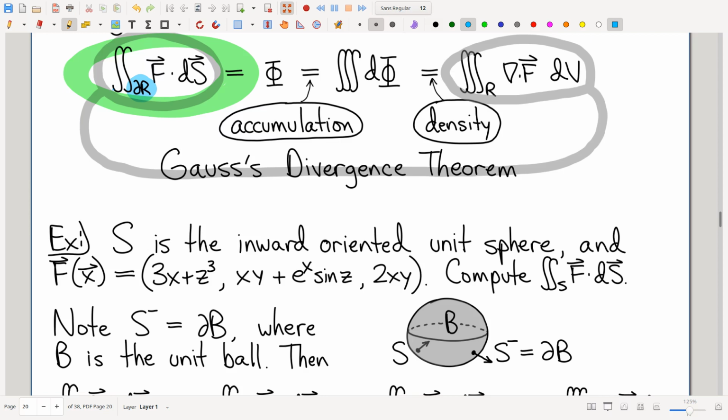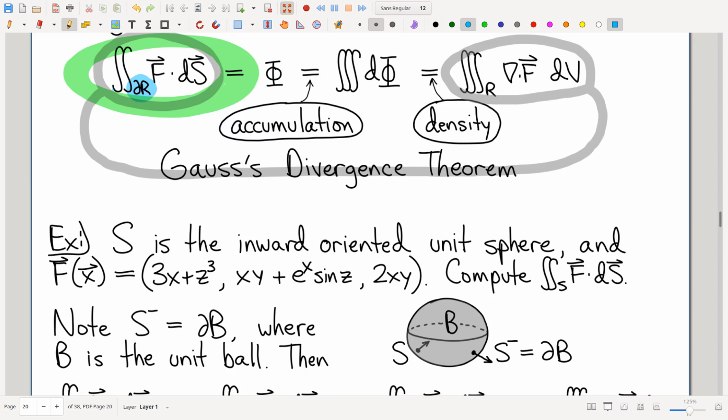Now, there's a couple of points to make related to that. Why does it have to be a boundary? Well, look at the development that we argued. We made this accumulation argument, sort of a cancellation argument, and that only works because we were talking about boundaries, strictly oriented the way that we indicated. So the fact that it's a boundary is where this all came from in the first place.